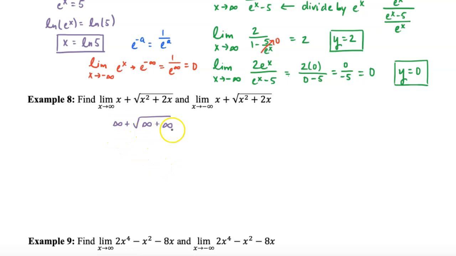If I'm replacing these infinities in my head with just really large positive numbers, can I see that as x gets larger and larger, this entire expression is going to get larger and larger? And so I can say that the limit as x approaches infinity of x plus the square root of x squared plus 2x is just going to give me infinity.